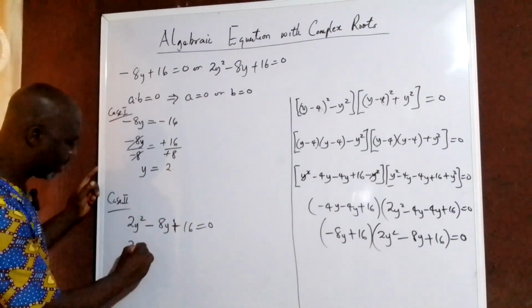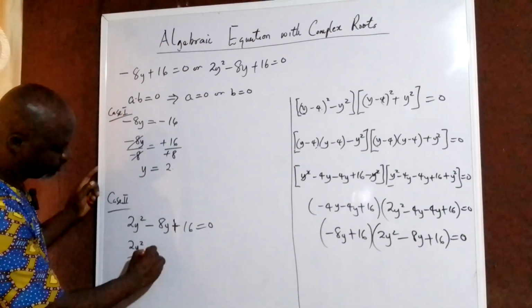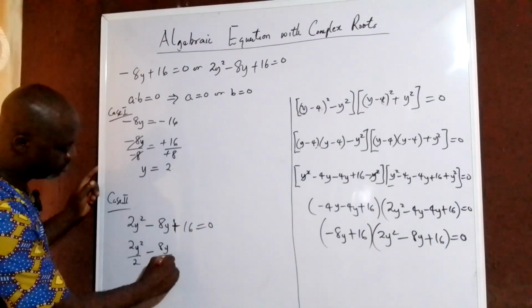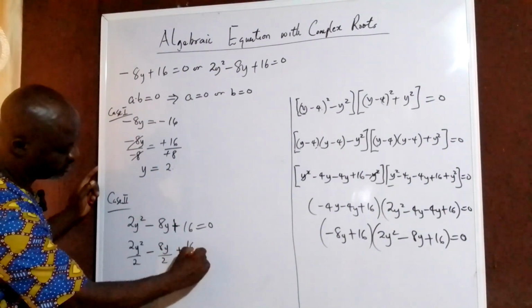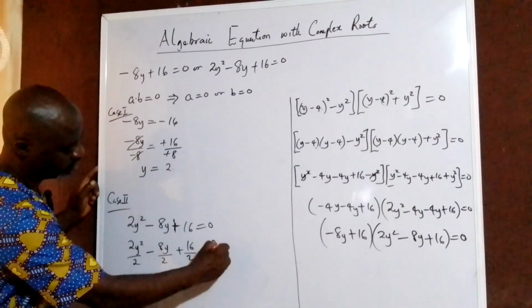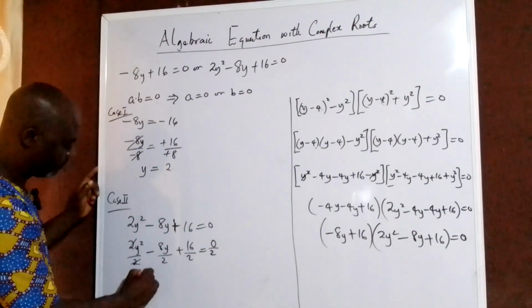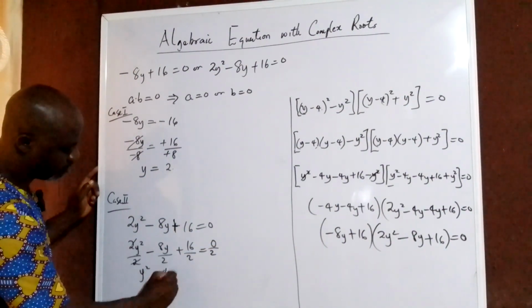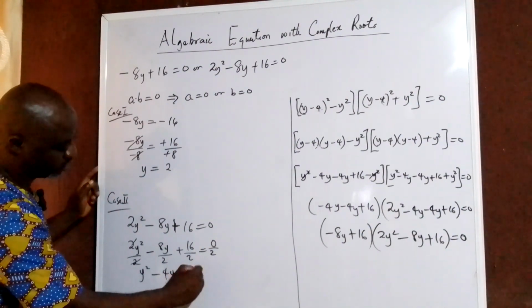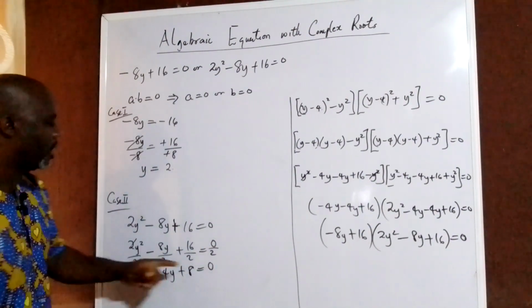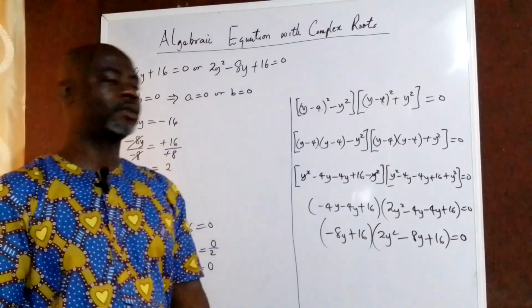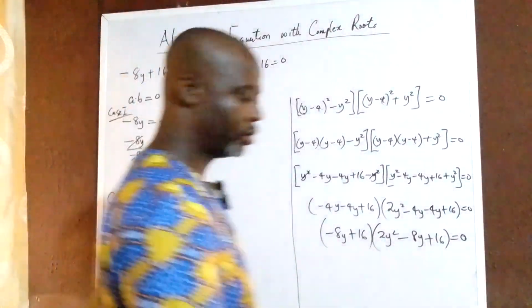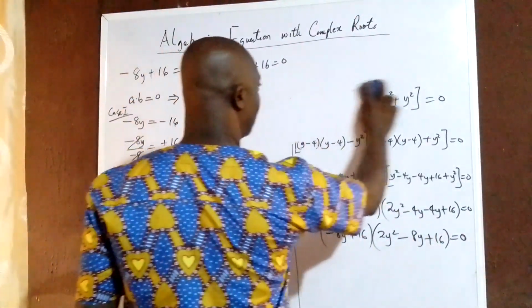So we have 2y squared all over 2 minus 8y all over 2 plus 16 all over 2 equals 0 all over 2. So this will give y squared minus 4y plus 8 equal to 0. Of course, 0 divided by any number is 0. So I'm going to continue the solution on this side.